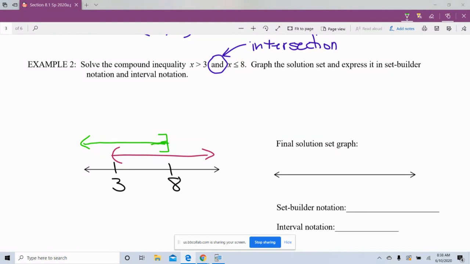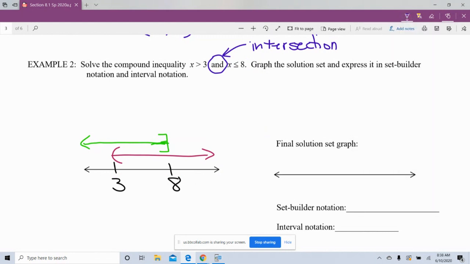Okay, so this is what the two separate inequalities look like when I graph them above the same number line. On this number line, I'm now going to graph the solution of this problem, which will be the intersection, because that's what the word and in between means.